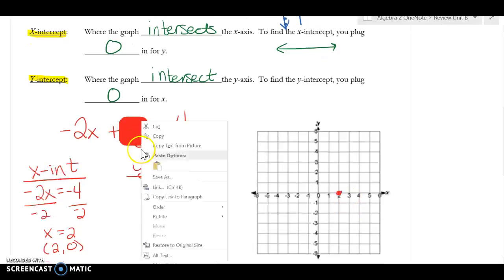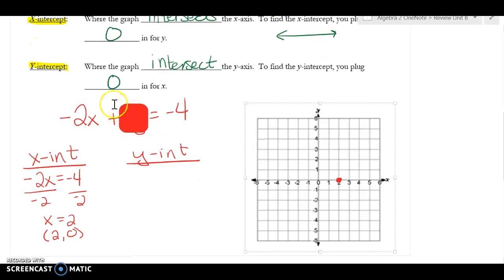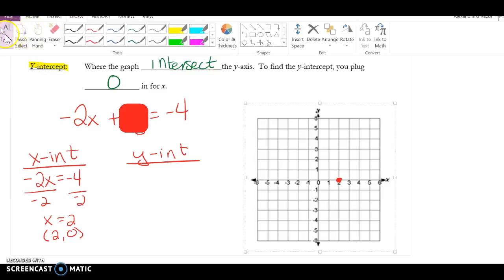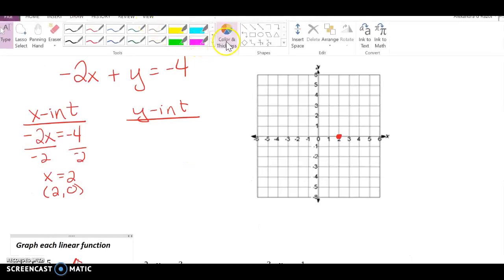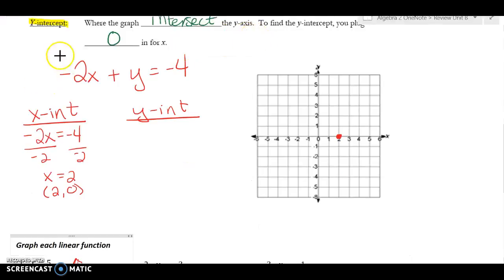Now, to find the y-intercept, I'm going to do the same thing. Let's get rid of this box. So now I'm going to physically cover up my x. And when I physically cover up my x, I'm left with y equals -4.